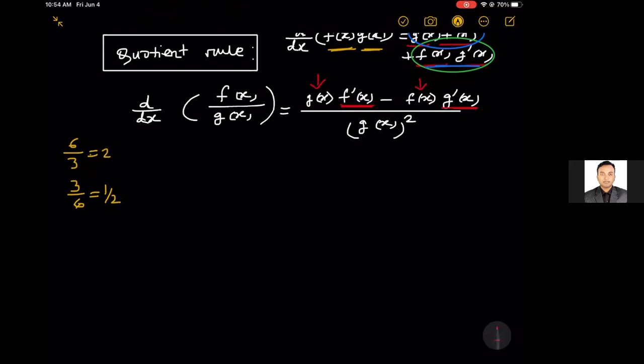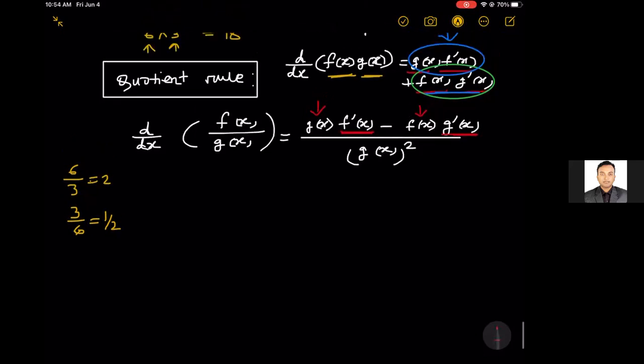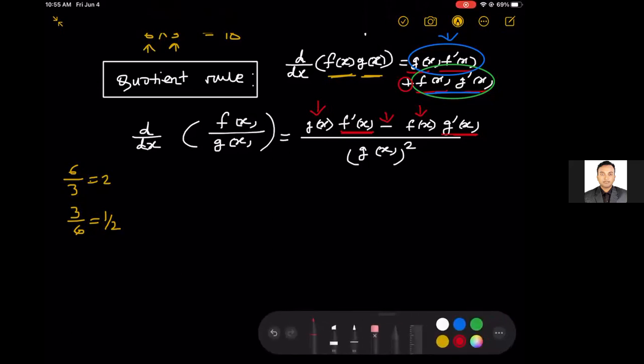What's the second thing? In the product rule, we added these two, whereas in the quotient rule, we'll be subtracting them. We'll be finding the difference between these two. And the third one is, we have a denominator here, and in the denominator, we will not be finding any derivative.